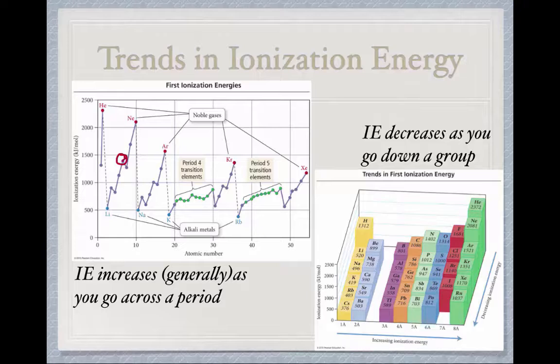And as it turns out, the energy for carbon is a little bit lower than expected also, and this is because removing that fourth electron will give us a half-filled p subshell there, and so the energy is a little more favorable because it likes getting to that half-filled subshell. So little burps here and there as you go through, but we're really worried about that general increase as we go across a period, and a general increase as we go down a group.